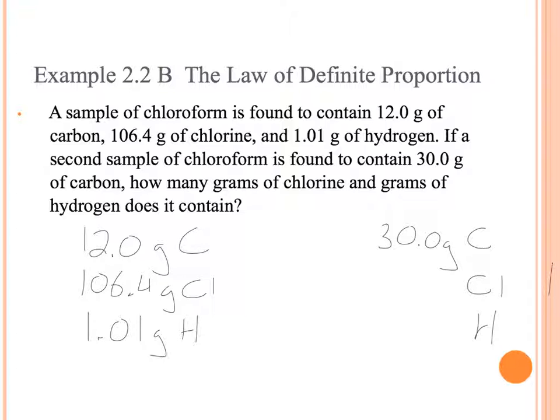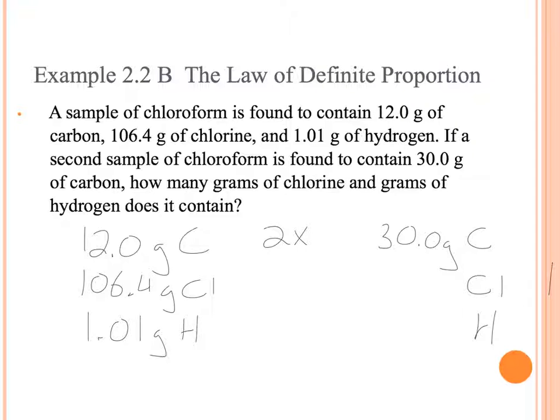Well, we take it for granted, but they had to at some point prove that all chloroform was made up of the same stuff in the same definite proportion. So it's always going to be this carbon to chlorine to hydrogen ratio. So if the carbon here, just a quick observation, 12 to 30 grams, that's 2.5 times bigger.